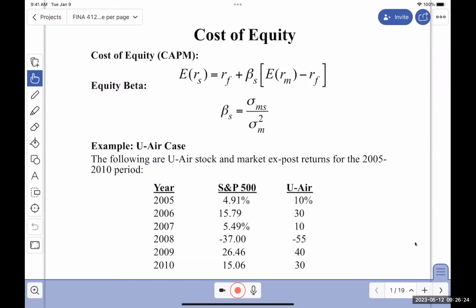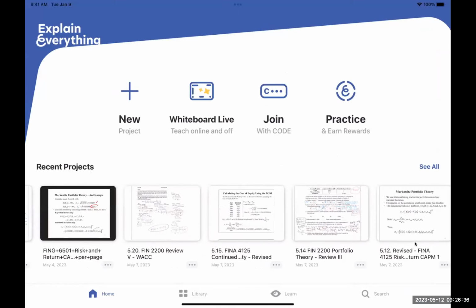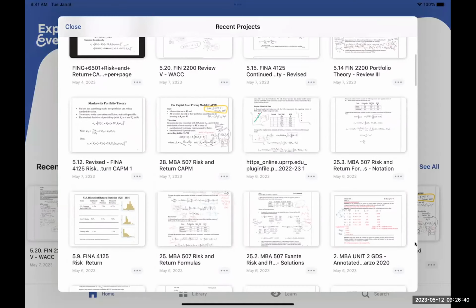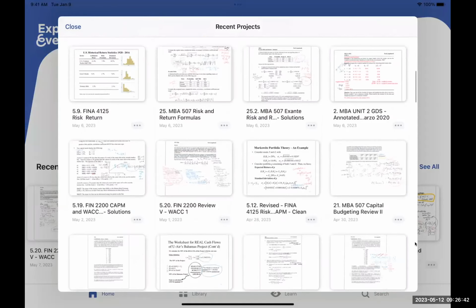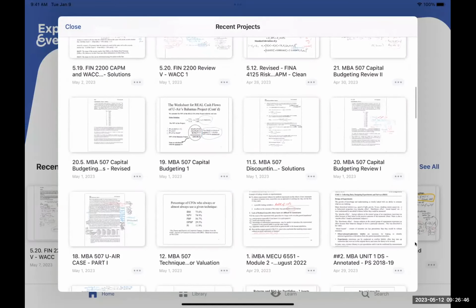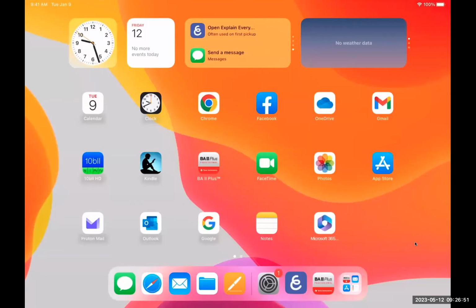Okay, so we're back to the UAIR case, and I've given you a bunch of data on the UAIR case. UAIR case part 2 is on the platform as well.